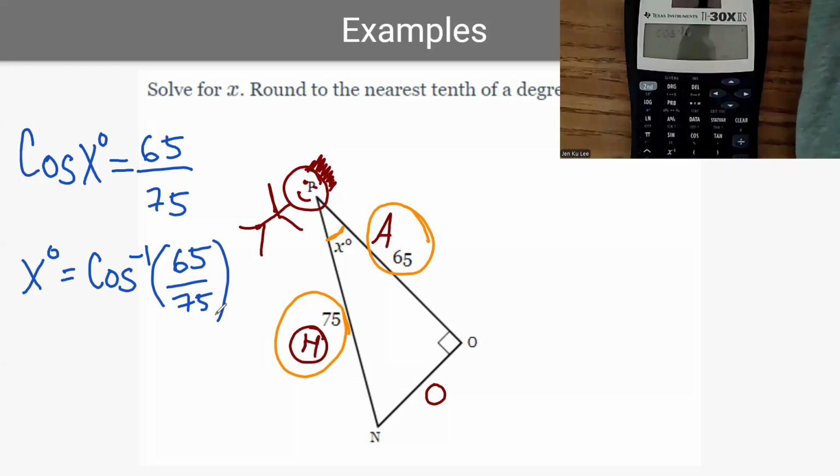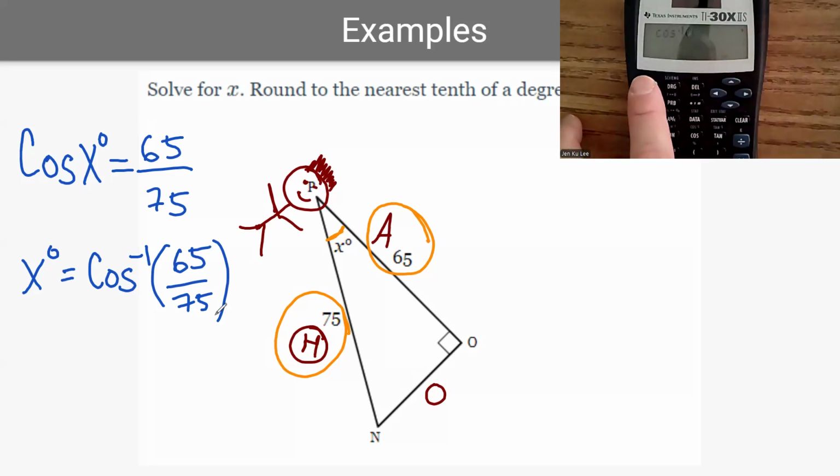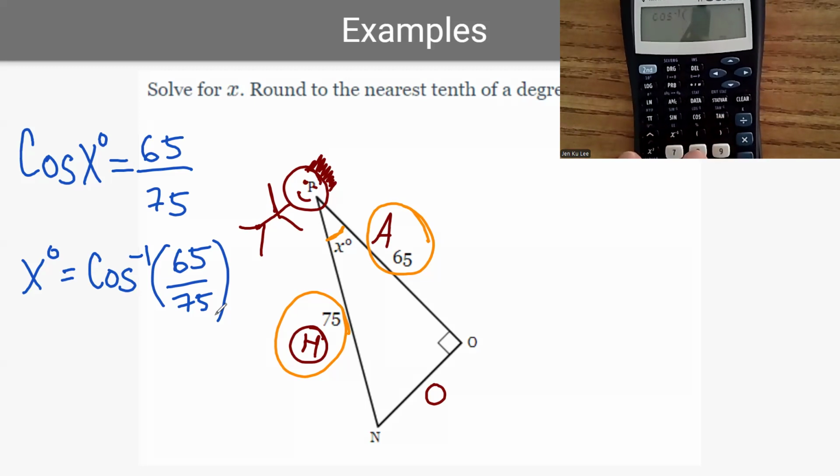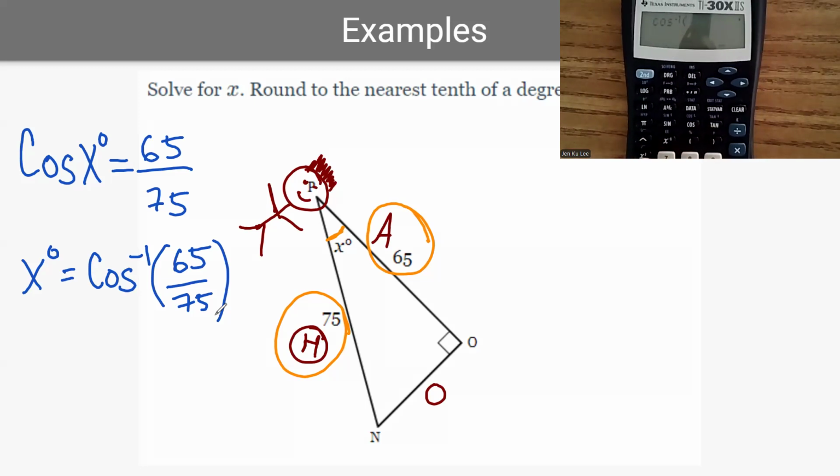So we have to use the blue button second. On a graphing calculator, there's more colors because there's more buttons. Just FYI, if you don't know how to operate a calculator, follow the colors.